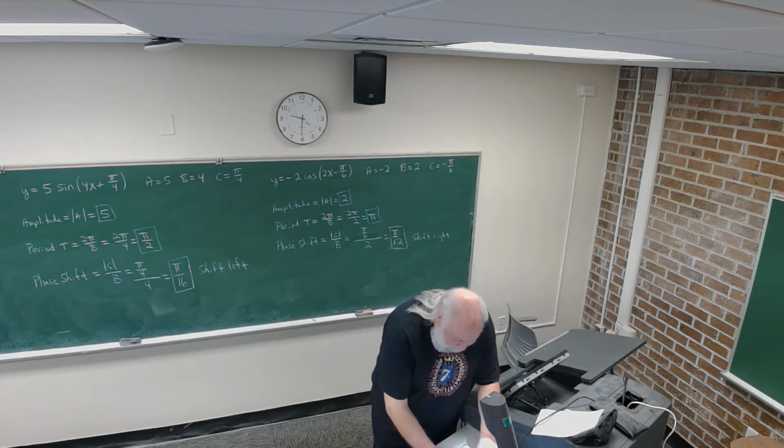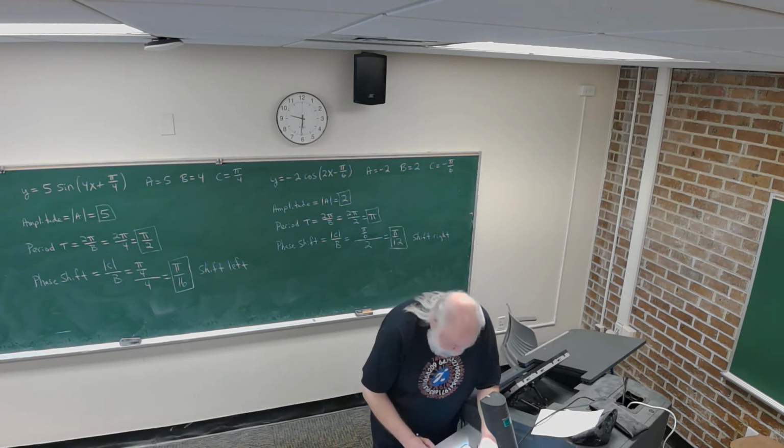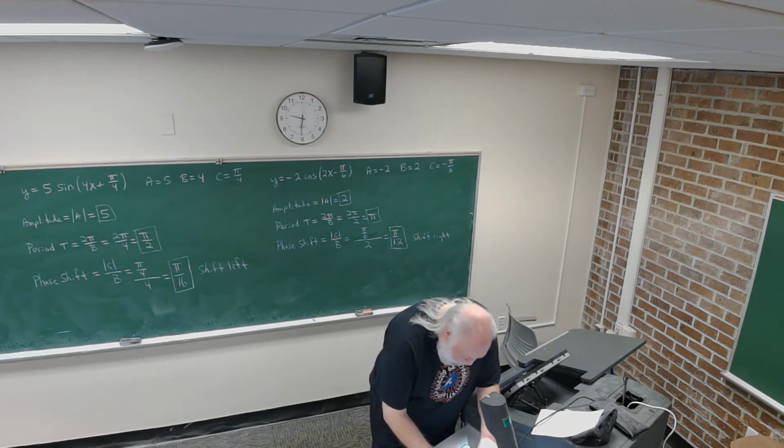And now we have to find the value of x at this hash mark, halfway between 5 pi over 8 and 9 pi over 8. So the average of those two numbers, 5 pi over 8 and 9 pi over 8, is equal to 1/2 times 14 pi over 8, which is equal to 7 pi over 8.